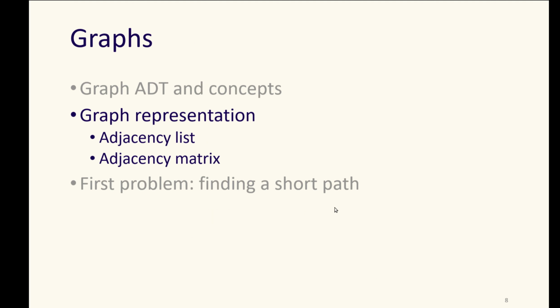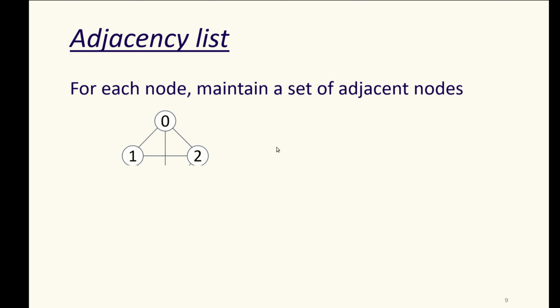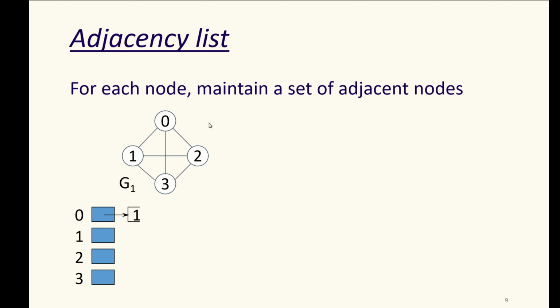But let's talk about representation of graphs. We can represent graphs with a list or with a matrix, among other possible representations. So we could keep an adjacency list. For every node, we could maintain a set of adjacent nodes, saying which nodes it is connected to. So in the example I have here, 0, 1, 2, and 3 are all connected to each other. And so the list for 0 would contain 1, 2, and 3.